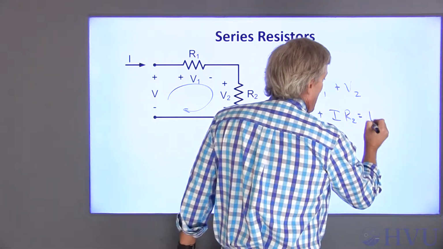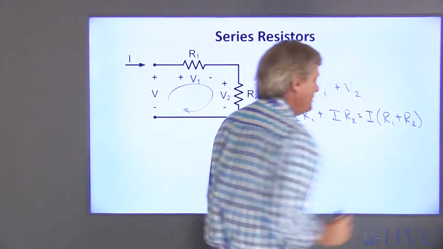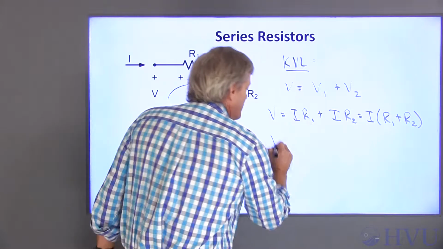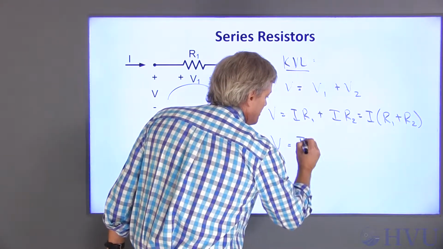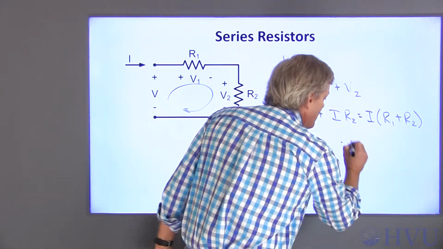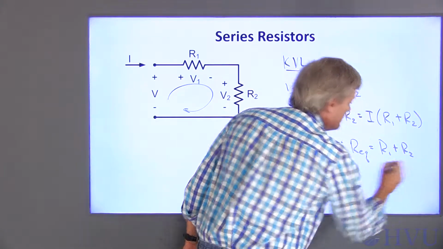If I factor the I out, this is I times (R1 plus R2). R1 plus R2 is still just a resistance. So this can be written as V is equal to I times some single resistance Req, where Req is the sum of the individual resistances.